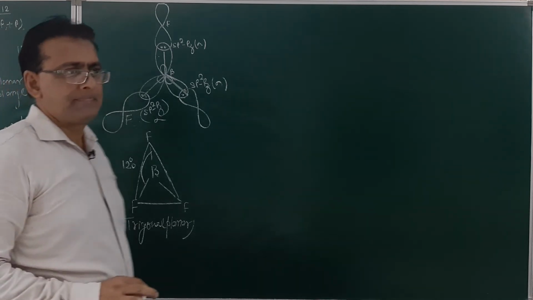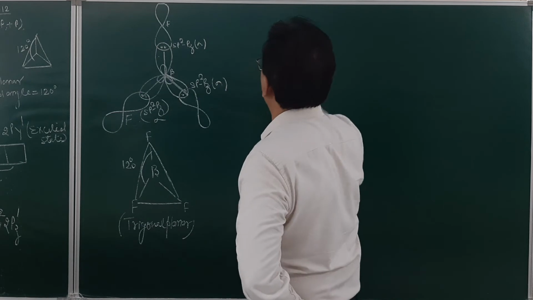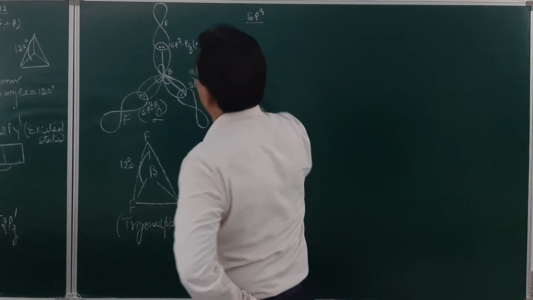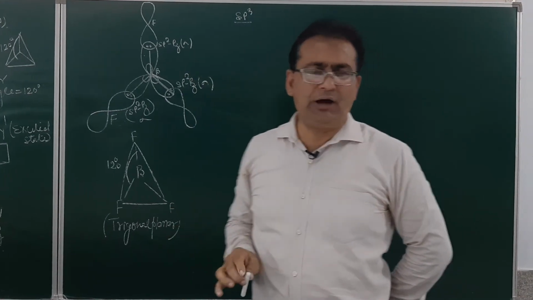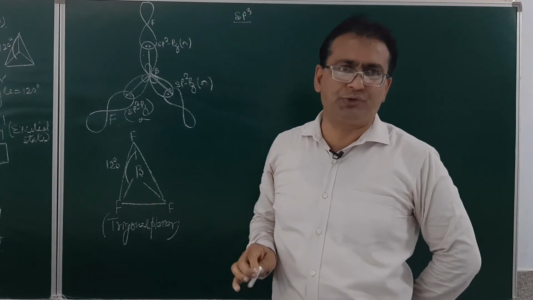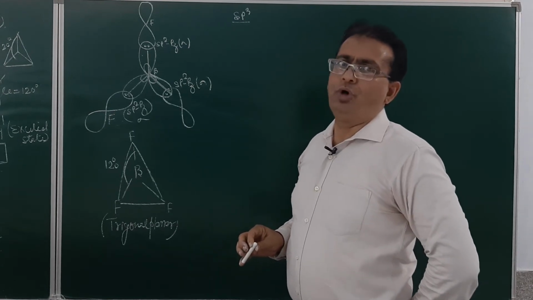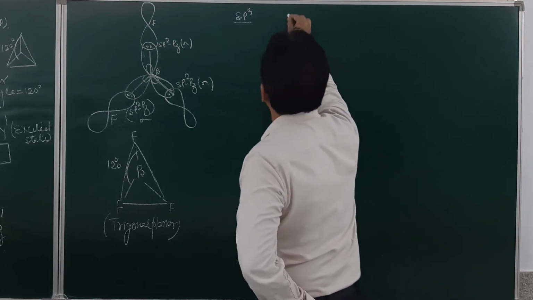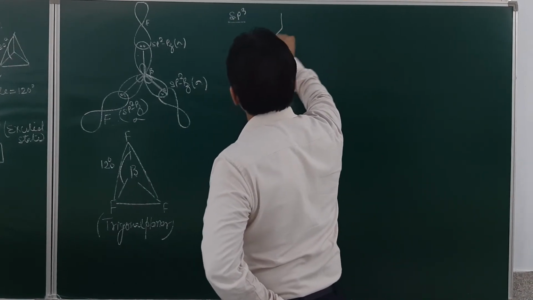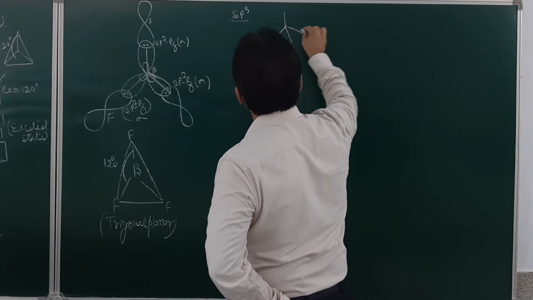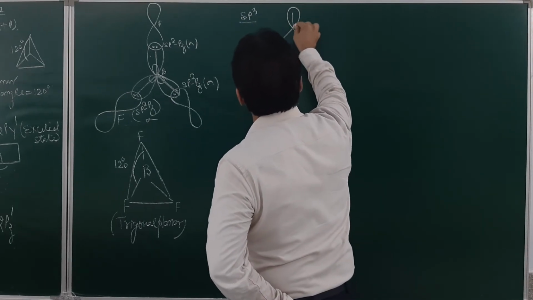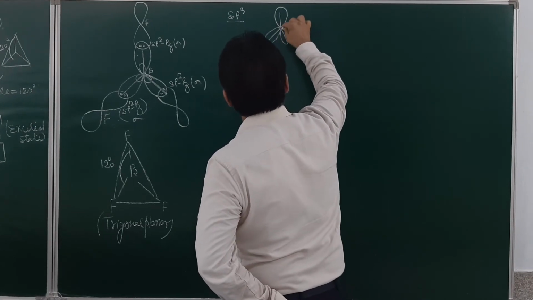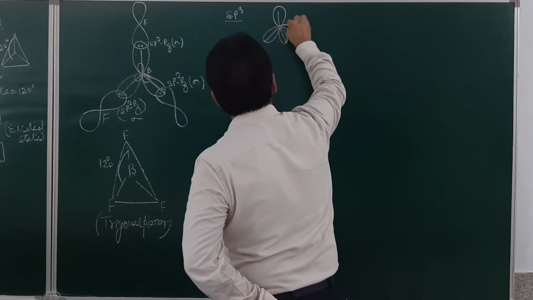Now, sp3 hybridization. It occurs when one half-filled s and 3 p atomic orbitals mix together to form 4 sp3 hybrid orbitals, which will orient to adopt a tetrahedral geometry. For example, this will be sp3, sp3, sp3 and sp3 hybrid orbitals.